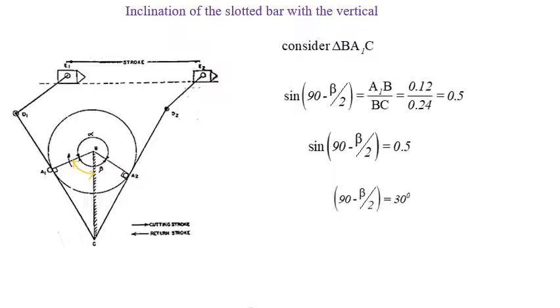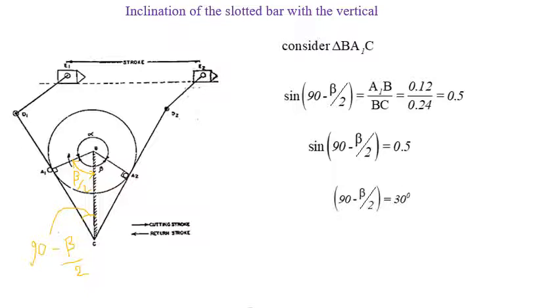So this becomes beta by 2, and this becomes 90 minus beta by 2. We have to find this angle because this is the inclination of the slotted bar.